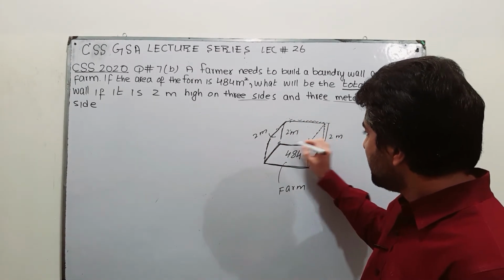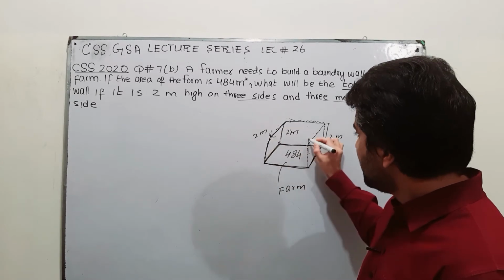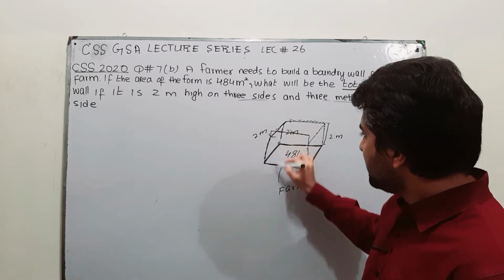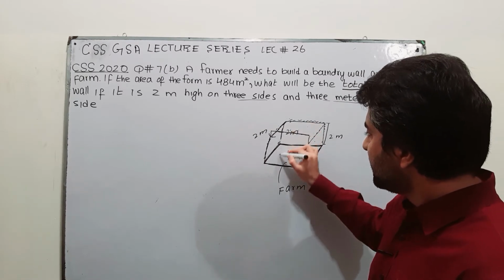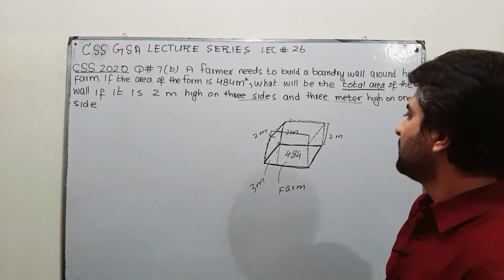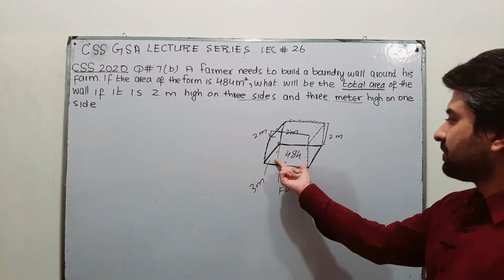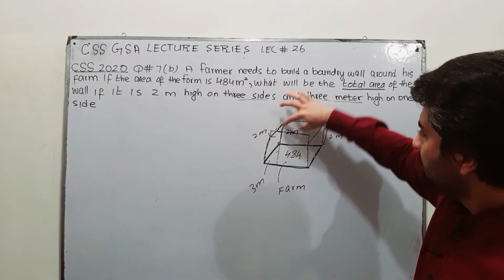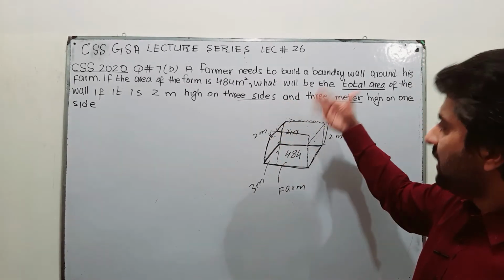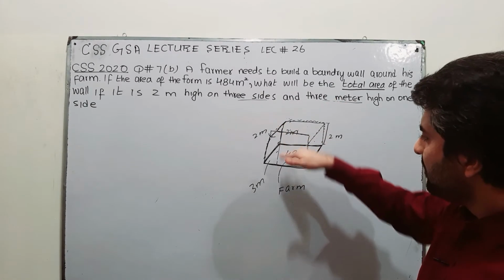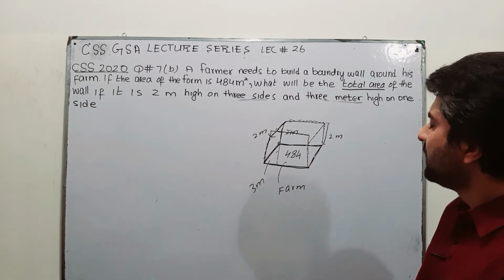So I'm just extending it 1 meter more as told. This is the scenario given over here: a farm with 4 walls, 3 walls 2 meter high, and the front wall I have supposed is 3 meter high, while the area of the farm is 484.